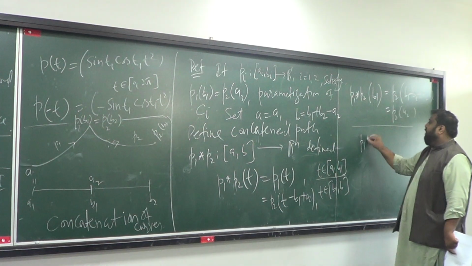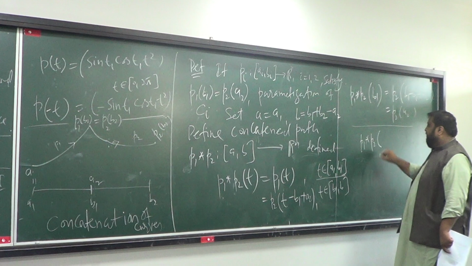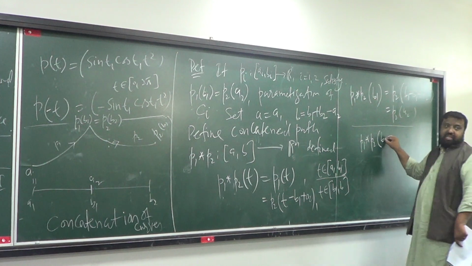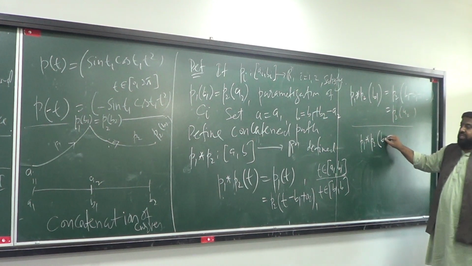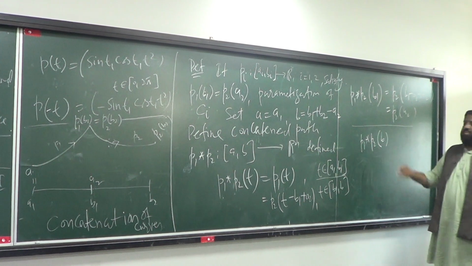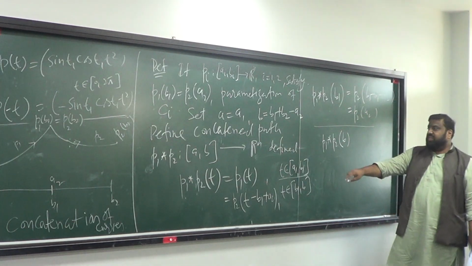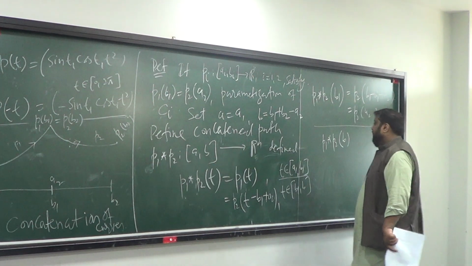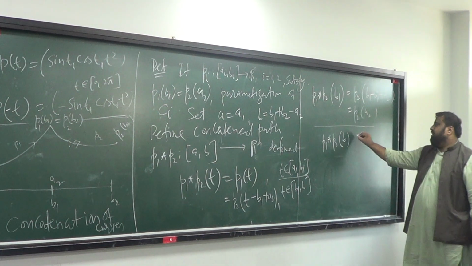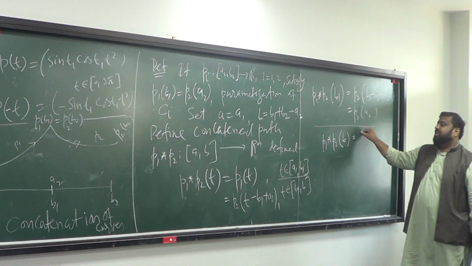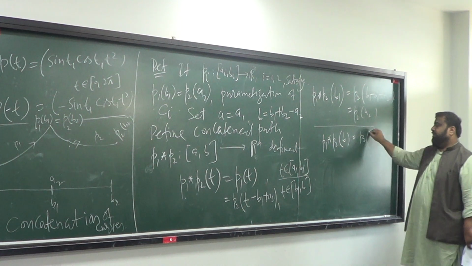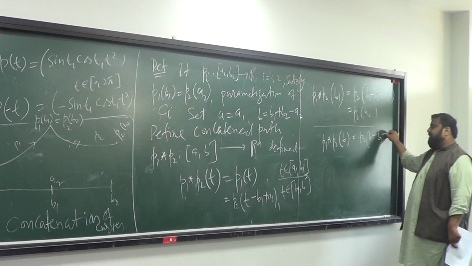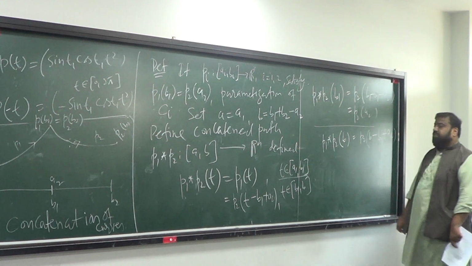So if I compute, for example, this concatenated curve at a point, for example, what point? B, which is the other end point of the curve. So what would this be? This would be P2 of B minus B1 plus A2.